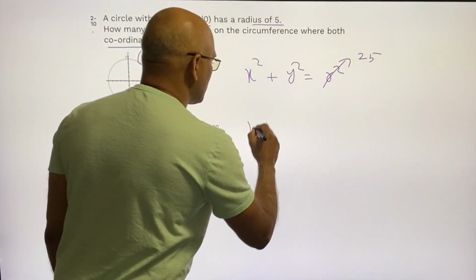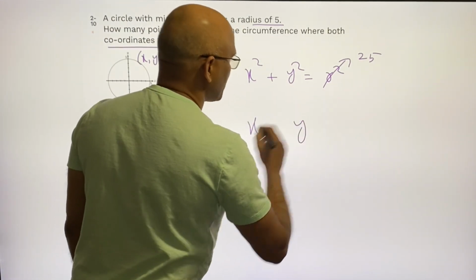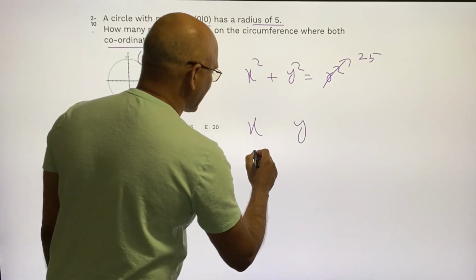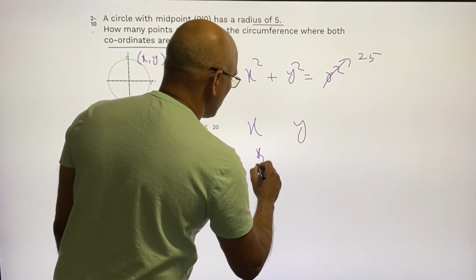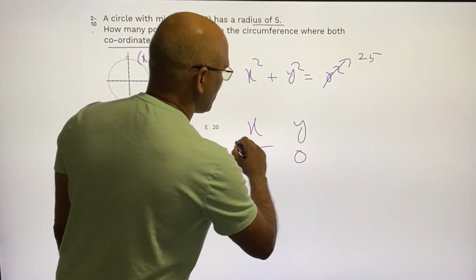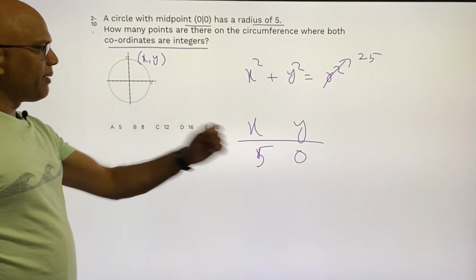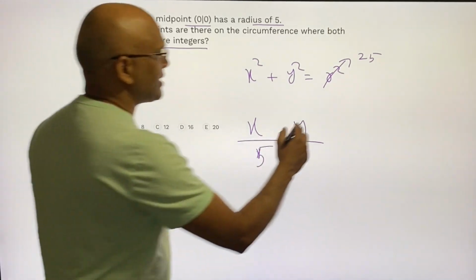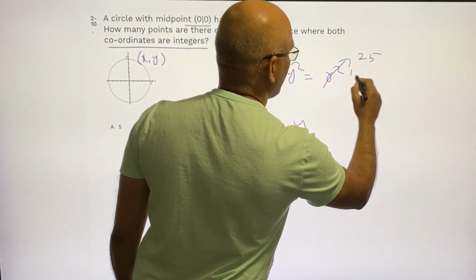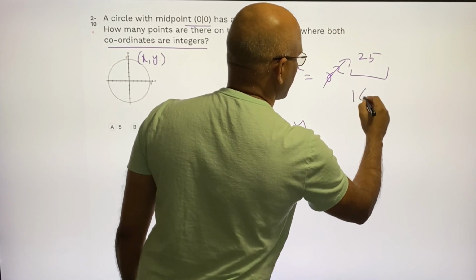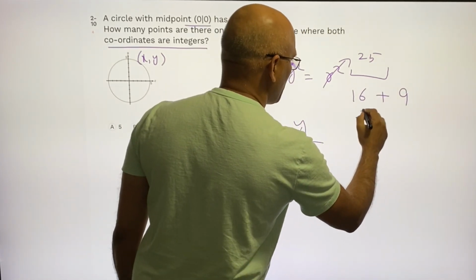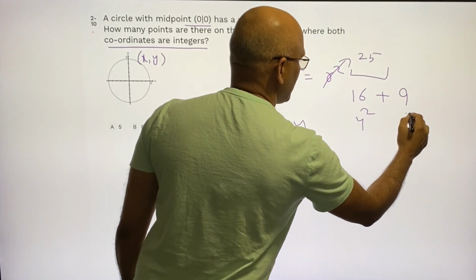So let me write down the different possible options. One is, we already know, it is shown here, that x is going to be 5, y is going to be 0, that is one possibility. The other one is, I can split up 25 as 16 plus 9. So this is going to be 4 square, and this is going to be 3 square.